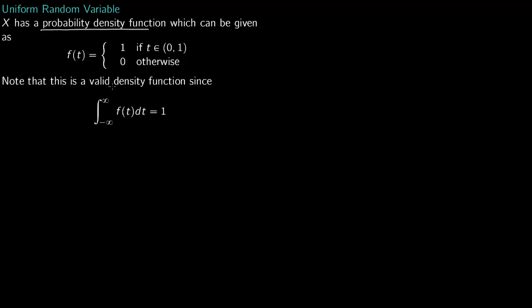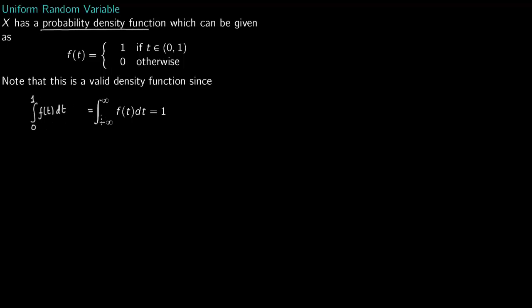So notice that this is a valid density function, because if you integrate it, you get 1. So why do you get 1? Because this integral is the same as the integral from 0 to 1 of f of t dt. Why is that? Because f of t is 0 everywhere except on this interval.